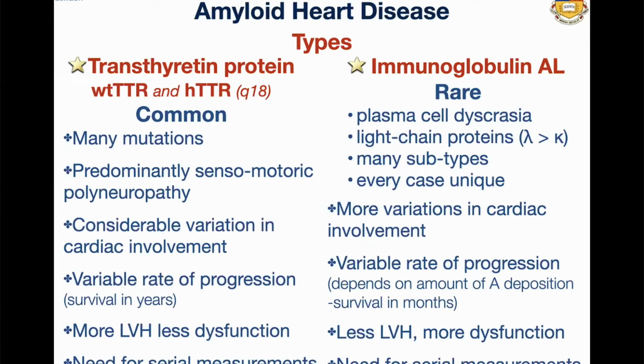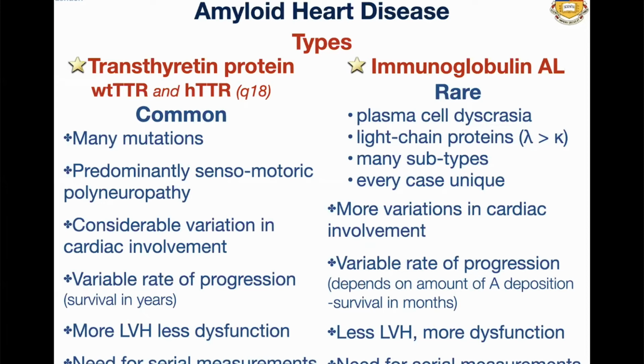So these are two major differences between AL and TTR amyloidosis. So TTR, more hypertrophy, less dysfunction. In AL amyloidosis, less hypertrophy, more dysfunction. Remember that, it's very, very important.